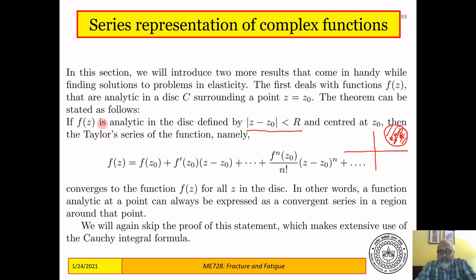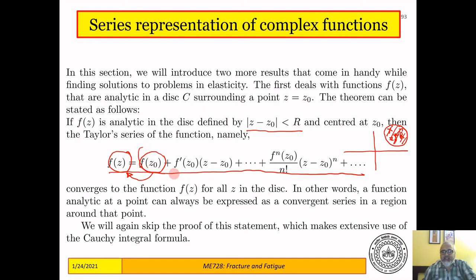And if it is, then it can be expressed at any other point away from z naught as a Taylor series which will converge to the value of the function at f(z). So using the value at f(z naught), you can express the function at f(z).